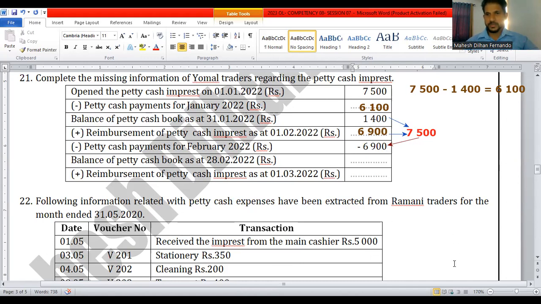Now we have another question. What is the balance of the petty cash now? Out of 7,500 we are spending 6,900. How much is the balance?